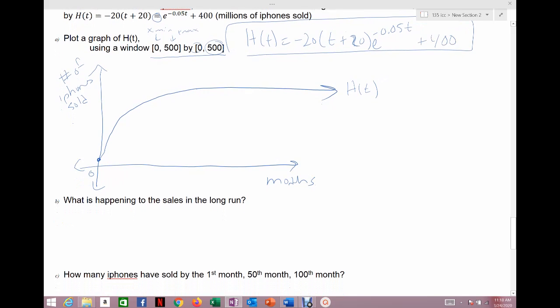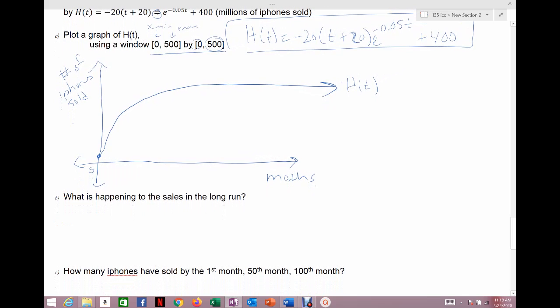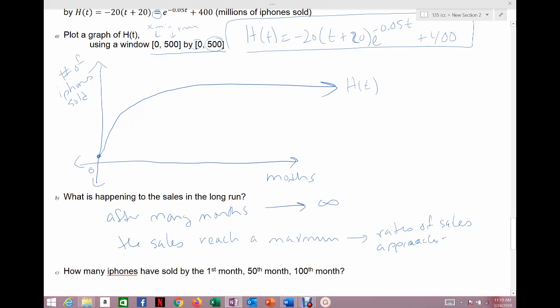Alright, and so we've graphed the function, what's happening in the long run. So in the long run, just in words, after many months, right, as my months go to infinity, the sales reach a maximum, alright, it tapers off, meaning the rate of sale approaches 0.